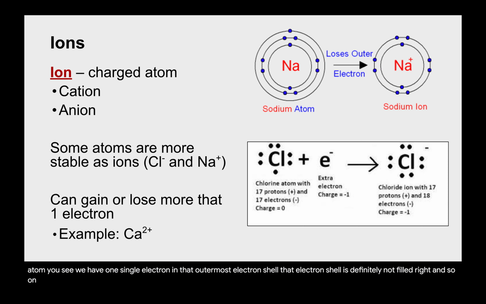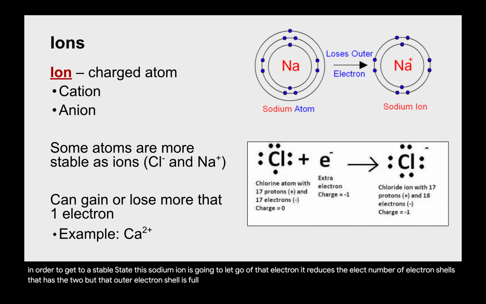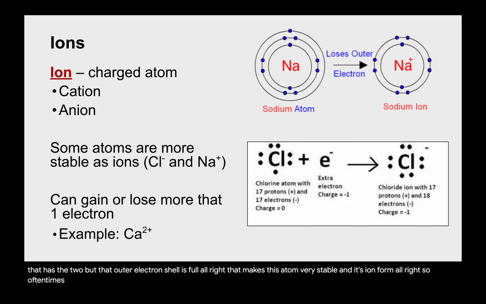To get to a stable state, sodium is going to let go of that electron. That reduces the number of electron shells to 2, but the outer shell is full, which makes this atom very stable in its ion form. So oftentimes you're not going to see sodium written as Na, you'll see Na plus, because that's when it's most stable.